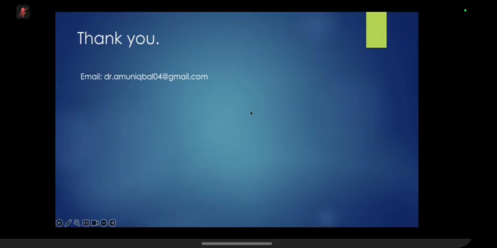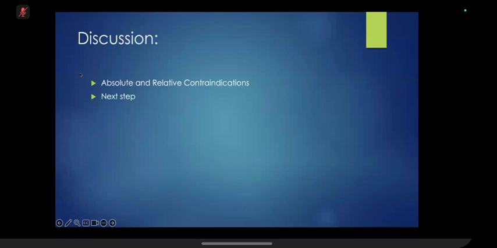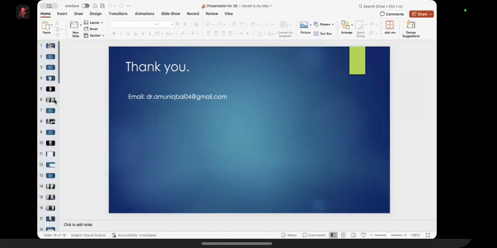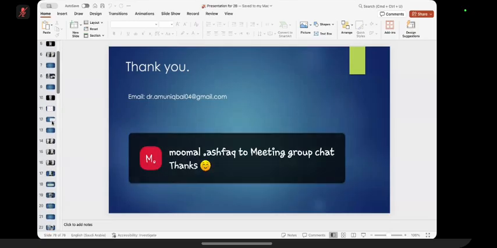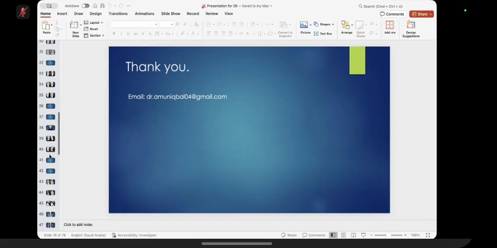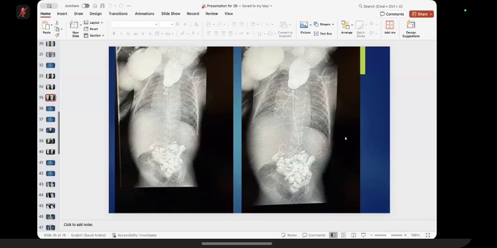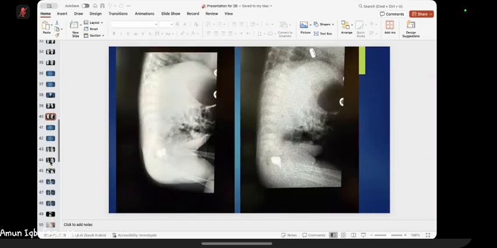Okay, I need to show one case which is requested. It was the third case. No, it was not the third case. This was the fistula.